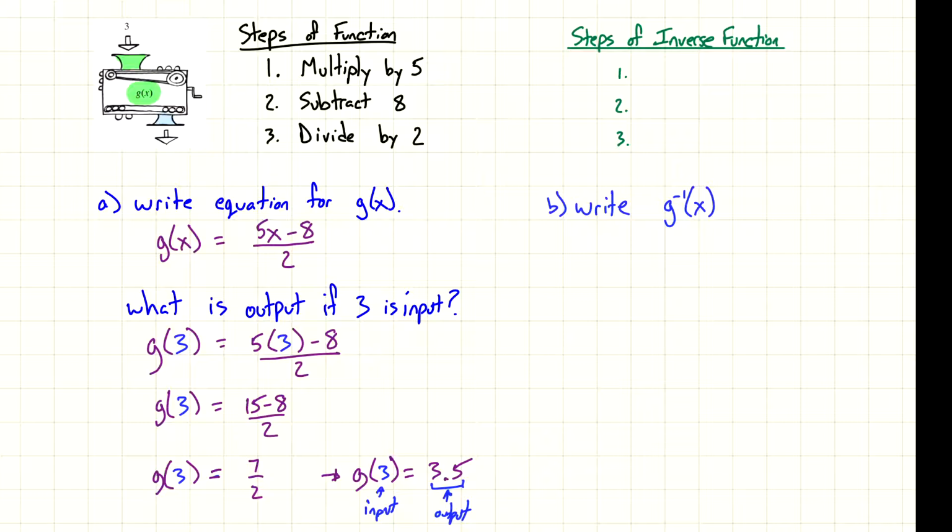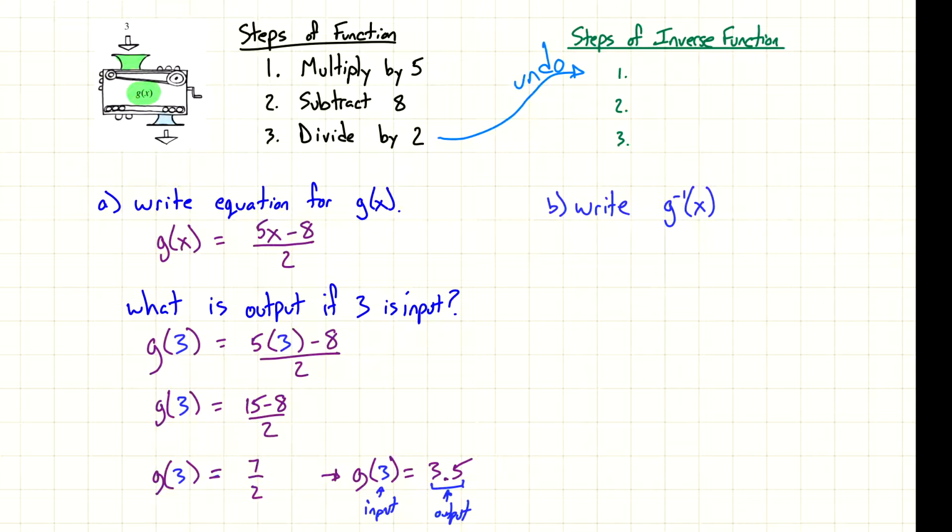Well, we're going to take the very last step of our function machine, which in this case is divide by 2. And what the inverse does is it takes that step and it's going to undo it. So it's going to undo.